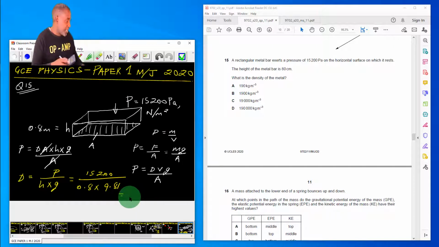Let's see what that gives us. First of all, I'm going to get 0.8 multiplied by 9.81. I get the answer. Then I'm going to get 15,200 divided by the answer, and that gives me 1,936.7.